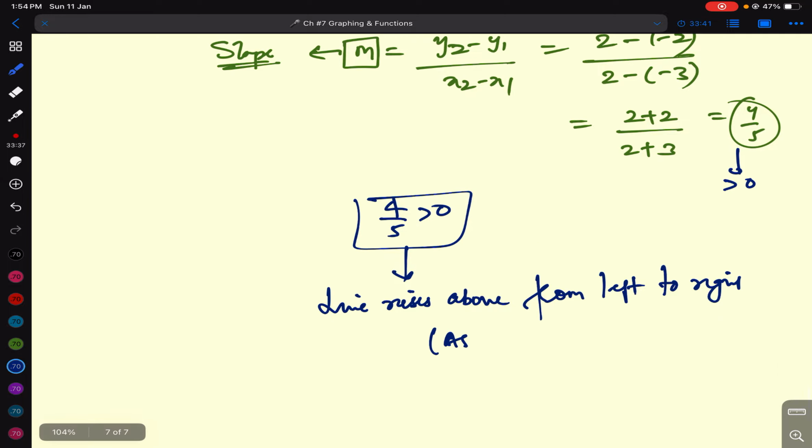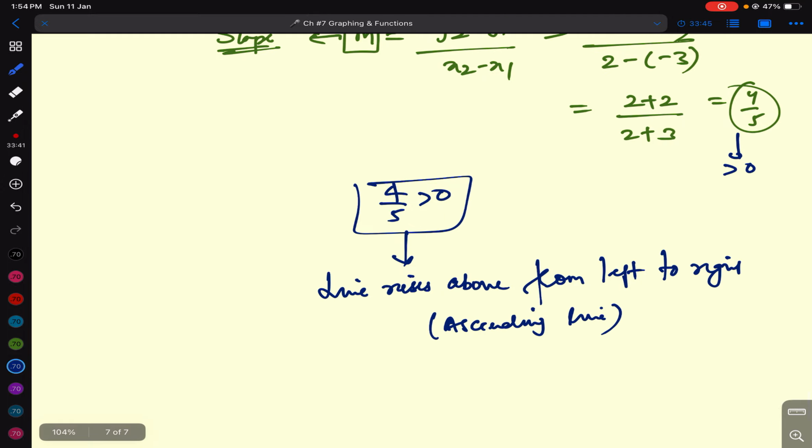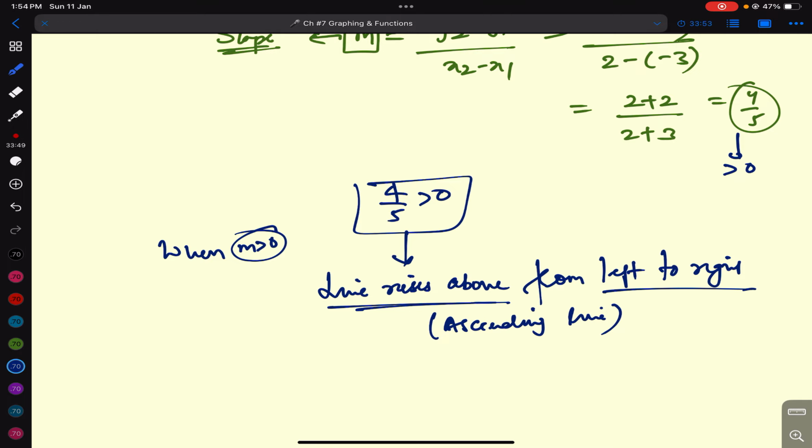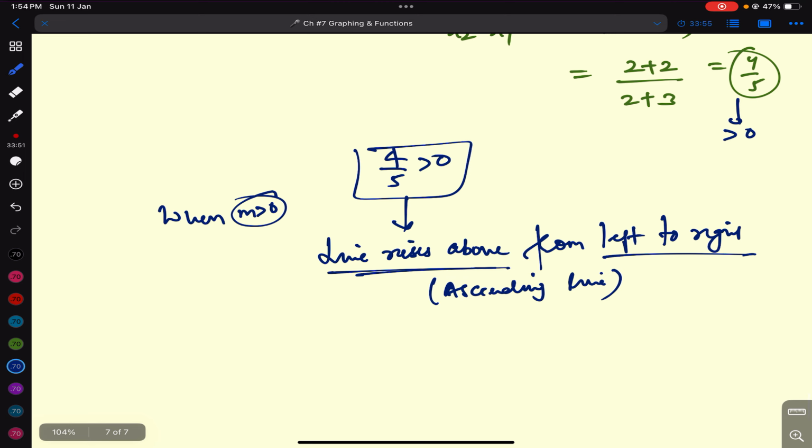We also call that an ascending line. So when the slope is positive, then the line rises from left to right, or you can also call that an ascending line.